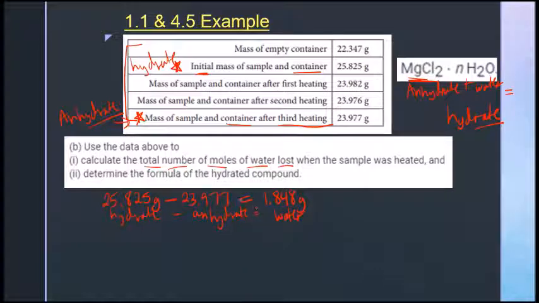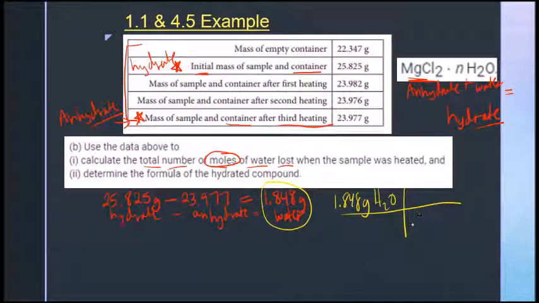That's part of it, but we don't need the mass of the water. We need the moles of the water. So what do we need to do here? Convert it to moles. Yes, we want to convert this to moles. And what do we need in order to get to moles? Molar mass. Molar mass of water, 18.02.